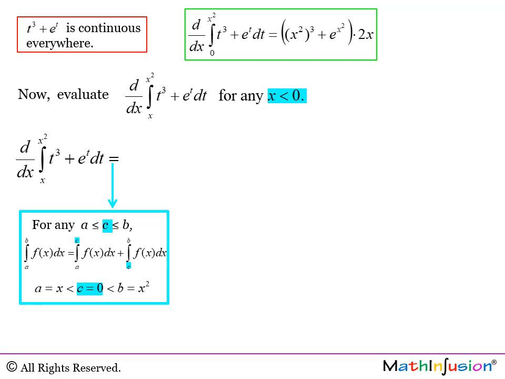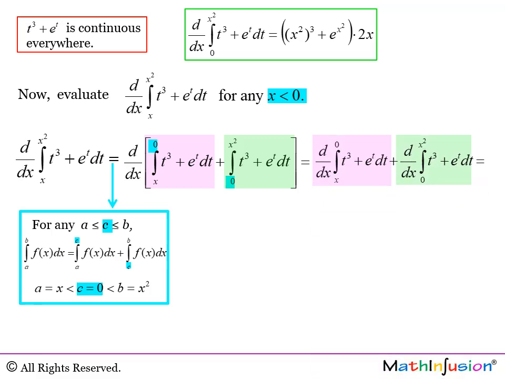In this case, we know that x is less than 0. And we know that x to the power of 2 is more than 0. And that's why we can split this definite integral into two integrals. The first one is going to be between x and 0, and the second one between 0 and x to the power of 2.